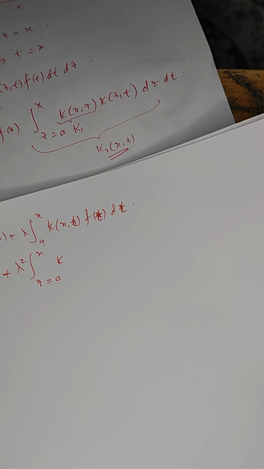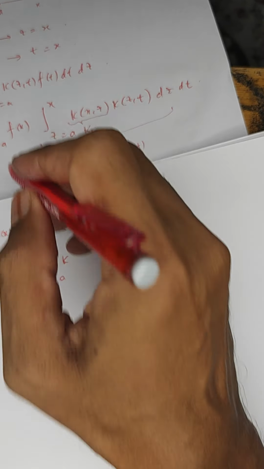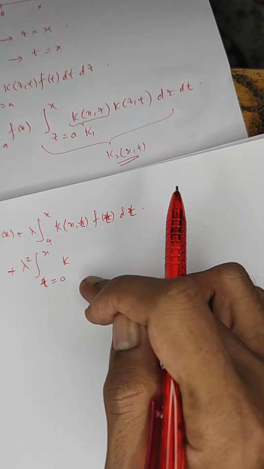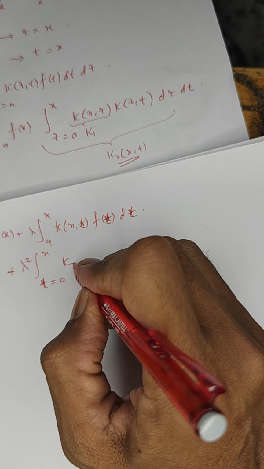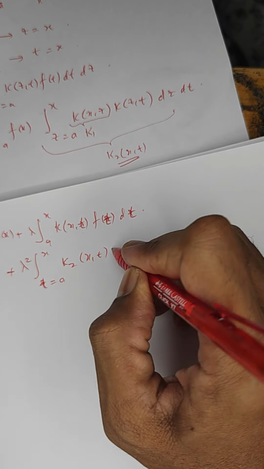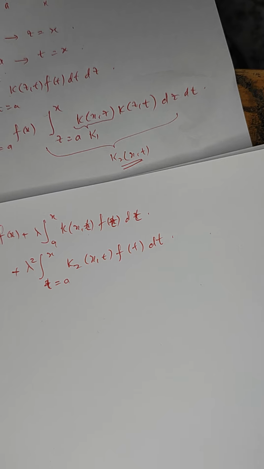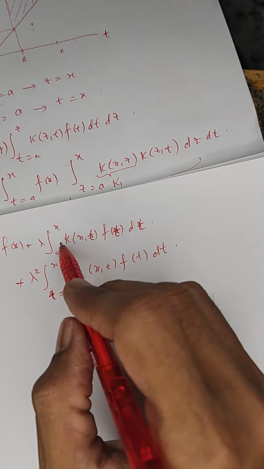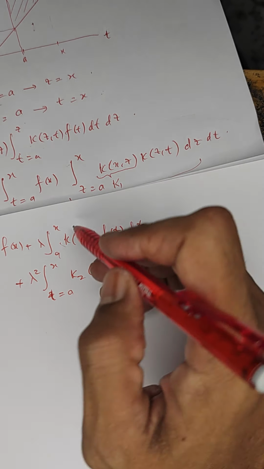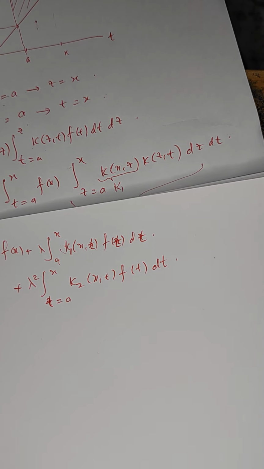So lambda squared, t equal to a to x, so we have this is k2(x,t) f(t) dt. And this one, as I said earlier, I can write as k1 because it is from the iterated kernel.